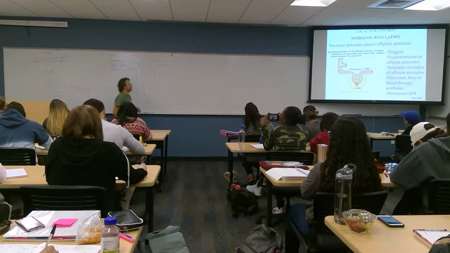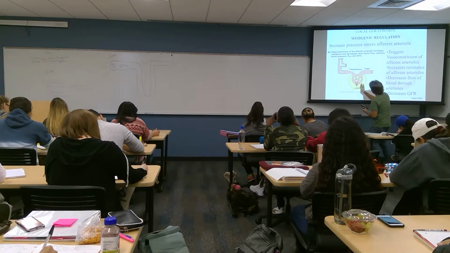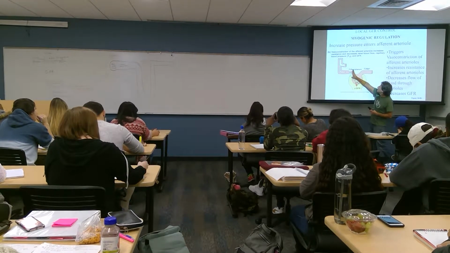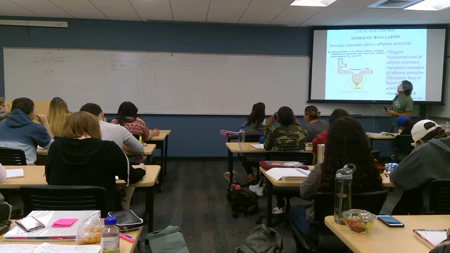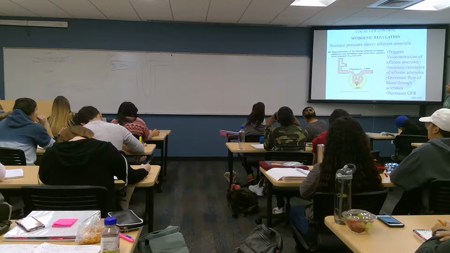The idea is if you have higher blood pressure, it constricts so that we keep this pressure and GFR constant. It's just the exact same thing. So myogenic regulation, just like autoregulation.